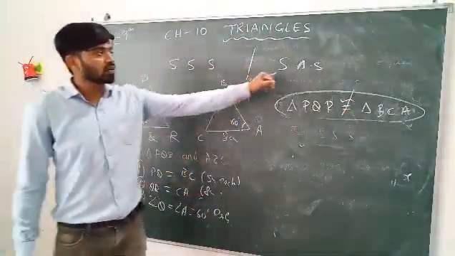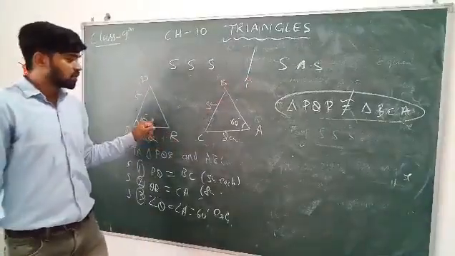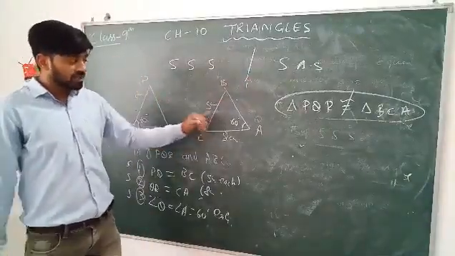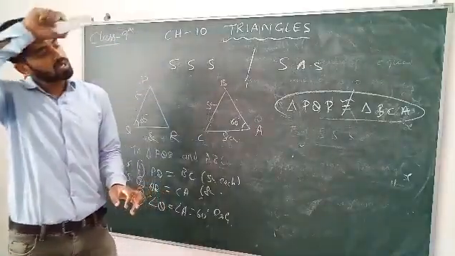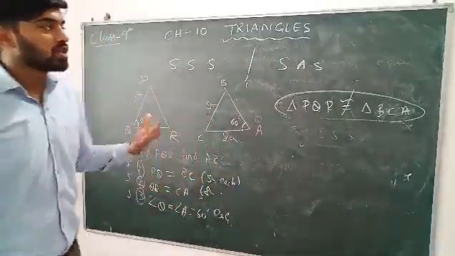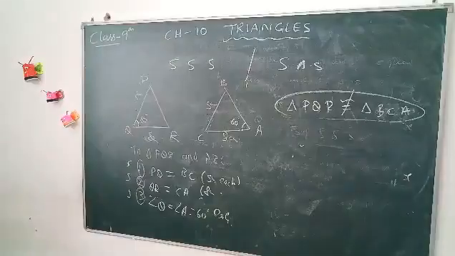It should follow this order. If this triangle follows this order, the other triangle should also follow the same order. We'll do one question related to this, and then you can do some questions from the exercise.